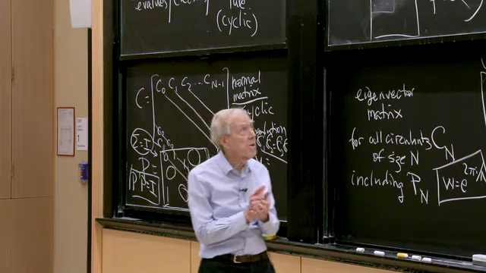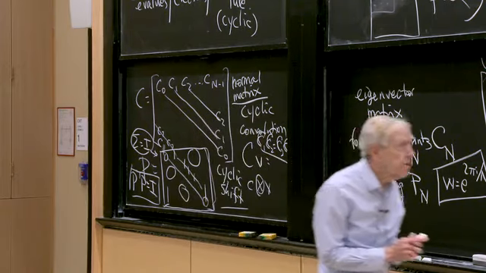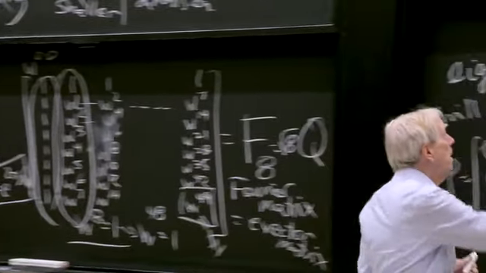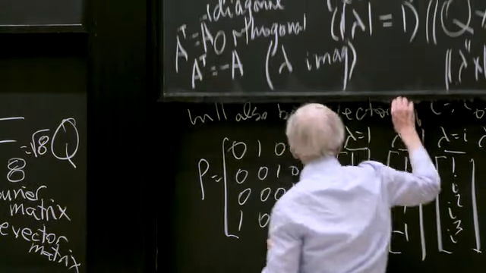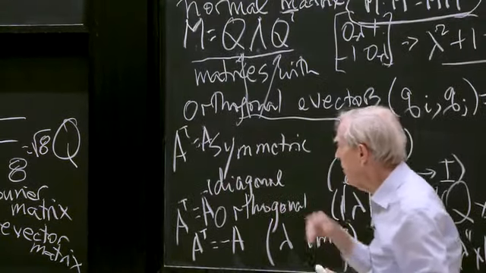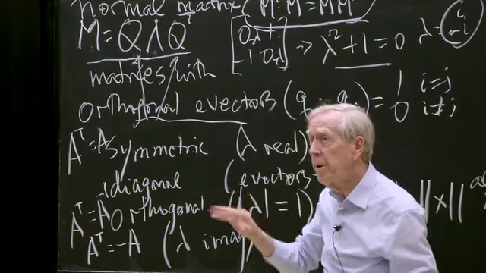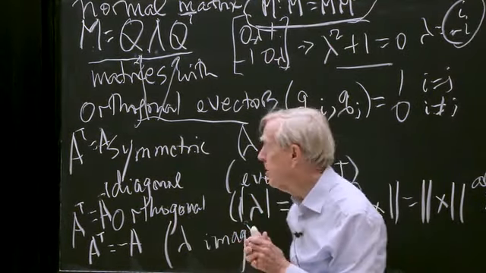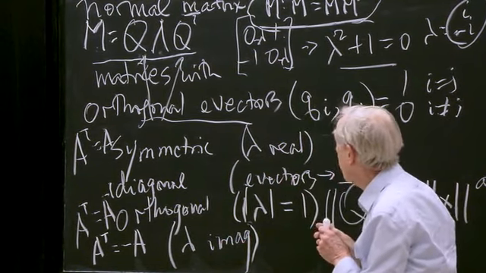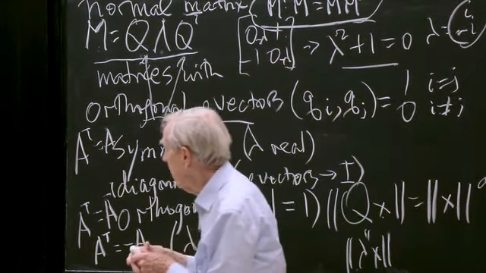So how do I know it's a normal matrix? Oh, I guess I can do the test. If I have the permutation P, I know that P transpose P equals P P transpose. The permutations commute. So it's a normal matrix.